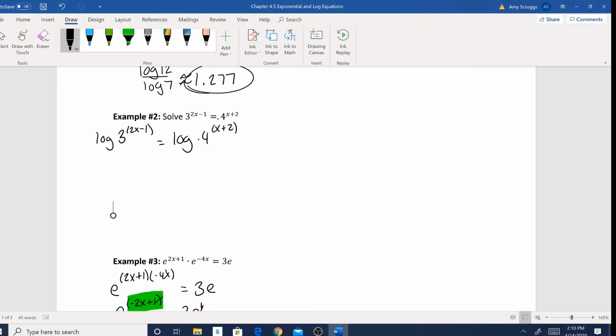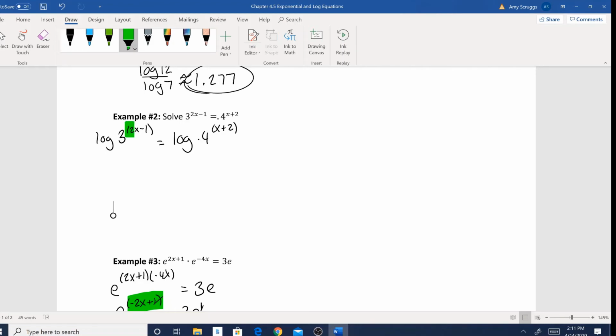That's legal, by the way, because it's an equation. If you do something to one side, no matter how crazy it is, as long as you do the same thing to the other side, it's okay. Essentially, we still have the same problem, just written differently. But once you do this, all of the properties of logarithms and all of the rules we've talked about previously apply to this problem.